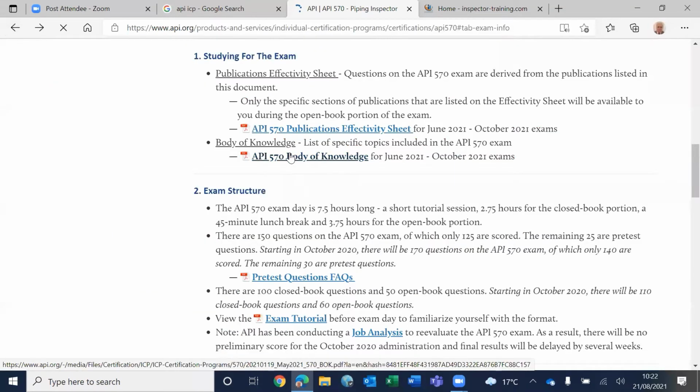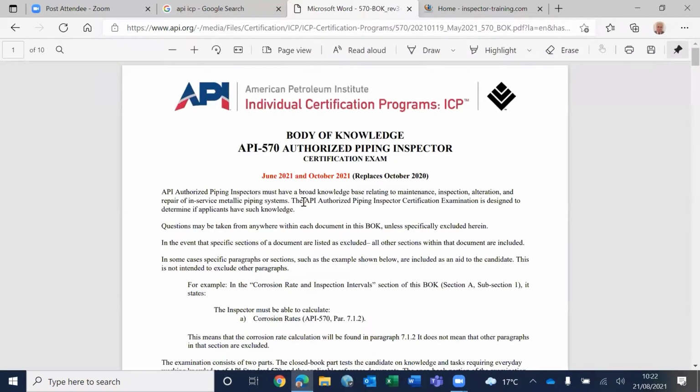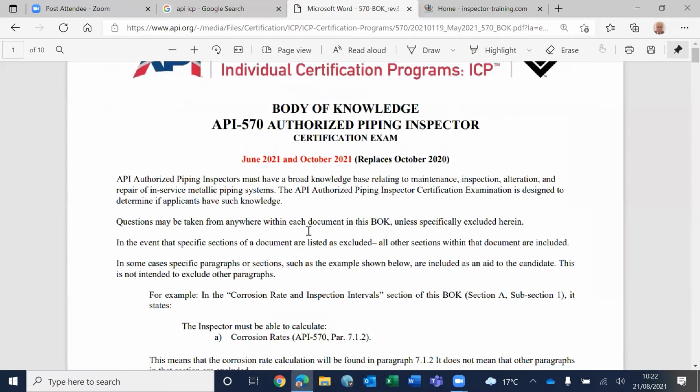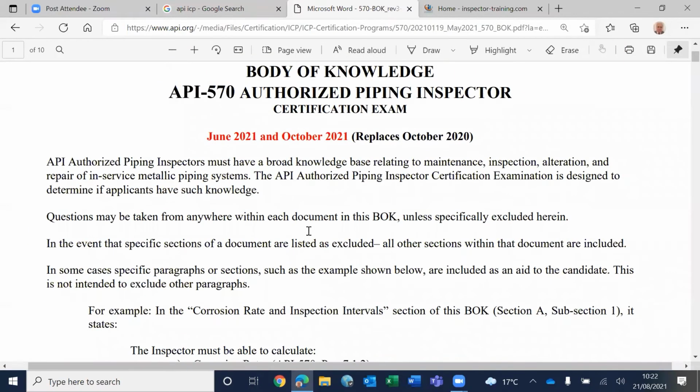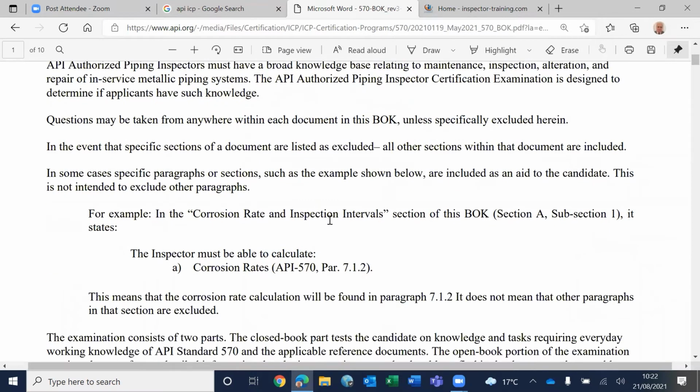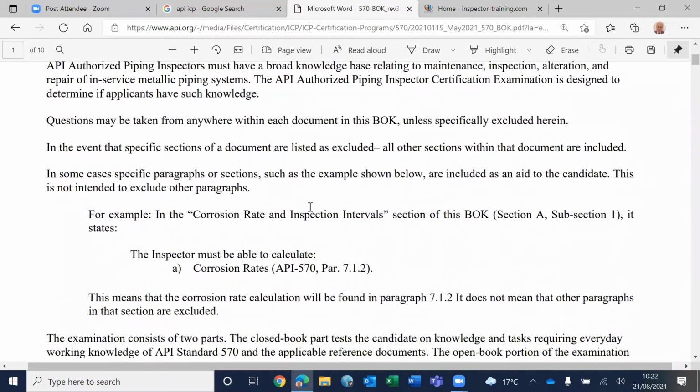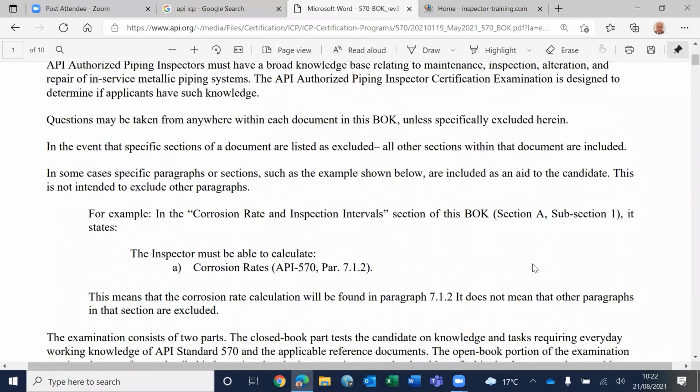Now, what is the body of knowledge here? So body of knowledge actually is a very valuable document. The publication effectivity sheet tells you what you should study, which revision, and from which chapter. Now, body of knowledge actually tells you what you should expect during the exam or what you are expected to know as an API 570 authorized piping inspector.